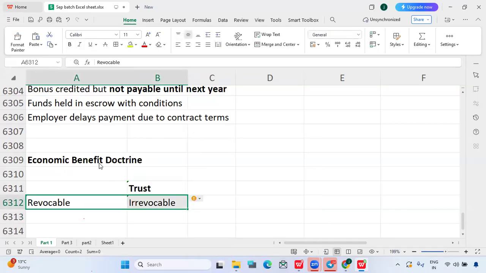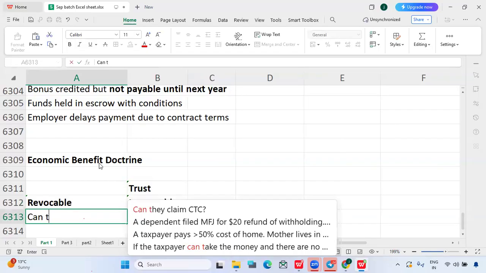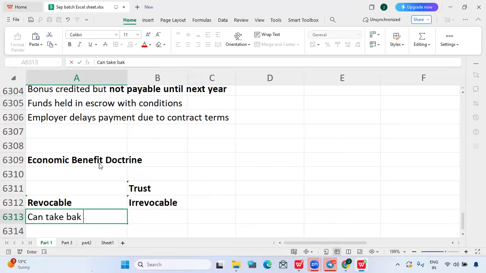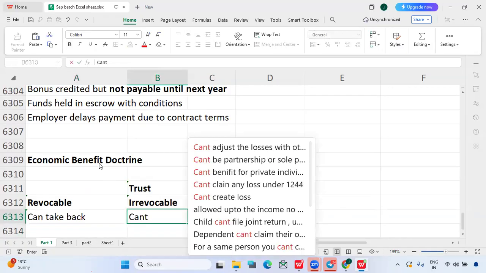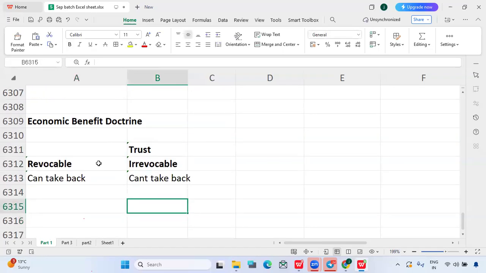Does anyone know what is revocable and what is irrevocable? Revocable means which we can take back, and irrevocable means which we cannot take back. Let's say you have given your mobile to your friend for a temporary purpose.